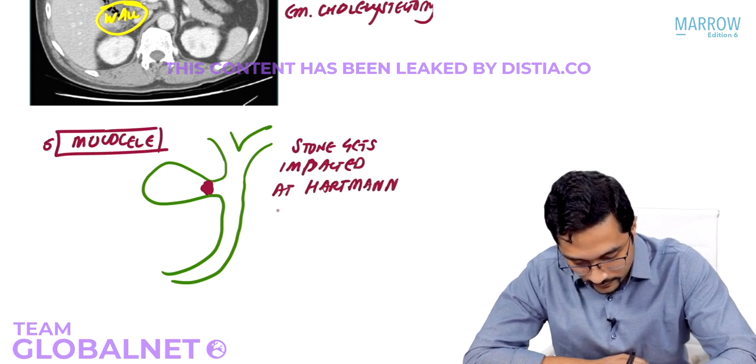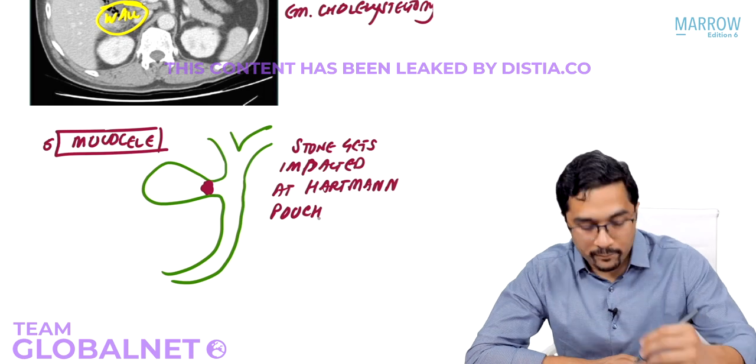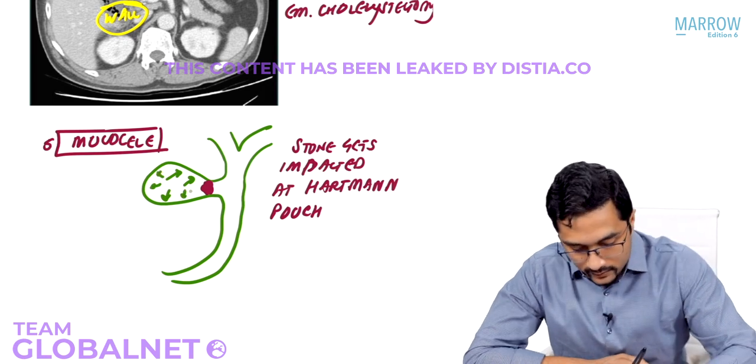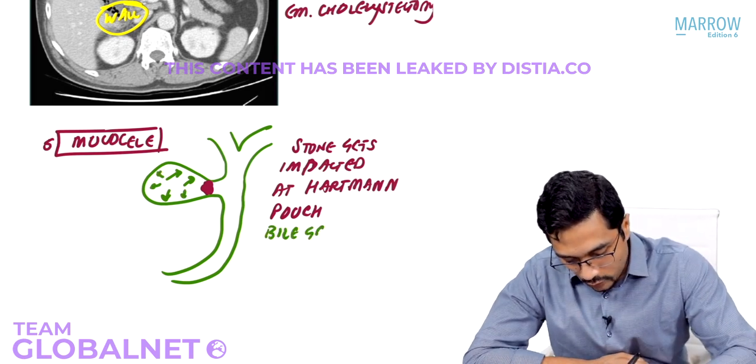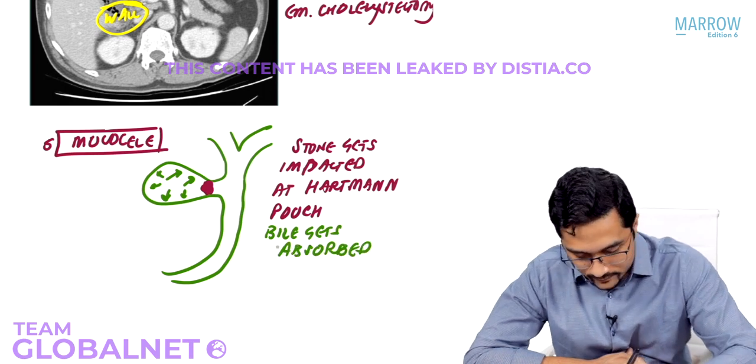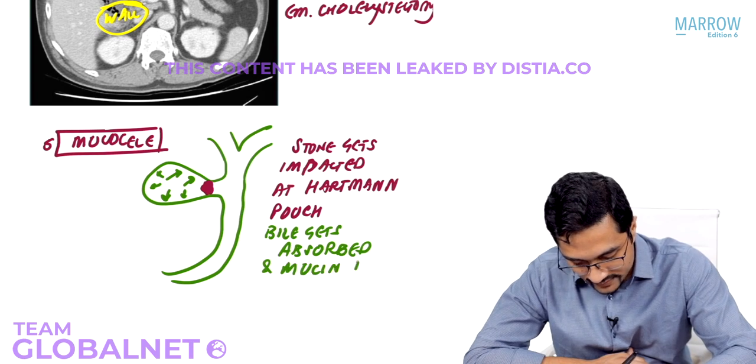When the stone gets impacted at Hartmann's pouch, all the bile gets absorbed, and mucin is secreted.